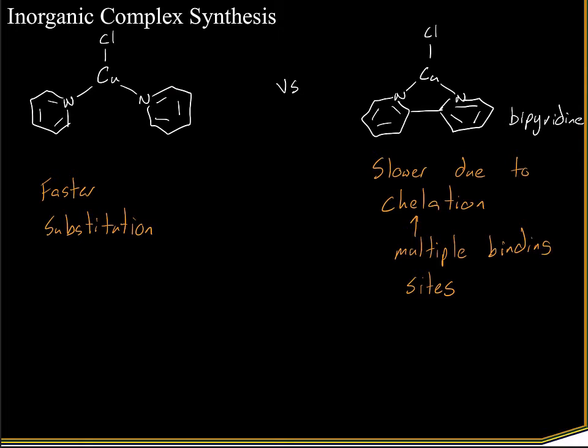If we were going to remove one nitrogen and replace it with another ligand, it's thermodynamically favorable just to reattach the nitrogen. Essentially, because it's locked in two places, you have to break both of those bonds in order to substitute the bipyridine. Whereas if you just have the individual pyridines, you just have to remove one copper nitrogen bond in order to replace it.